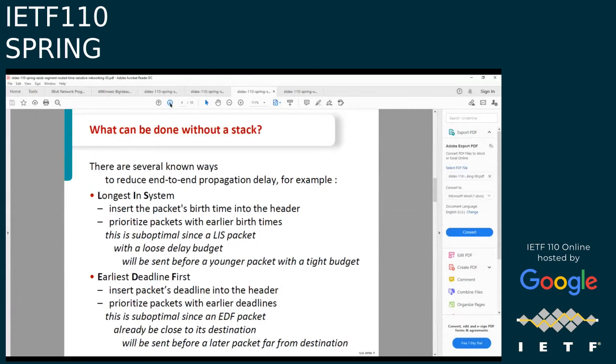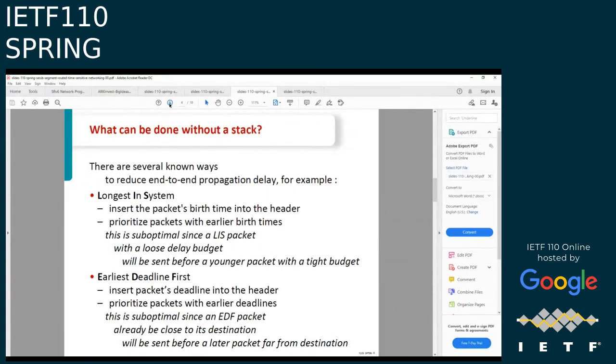Now, this is obviously suboptimal because you might have an early packet that was put into the network but with a very loose delay budget, as compared to one which came in later but has a very tight budget. Another mechanism which is frequently used is called EDF. Some of you might remember this from the ATM world. Earliest deadline first: you put, once again, a single time into the packet, the packet's overall deadline when it's supposed to exit the network, and you prioritize according to that.